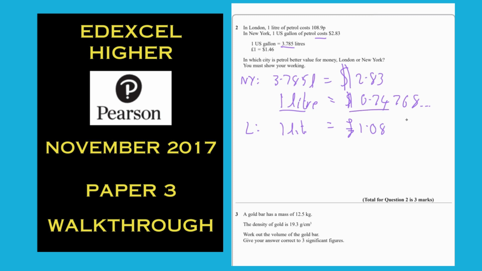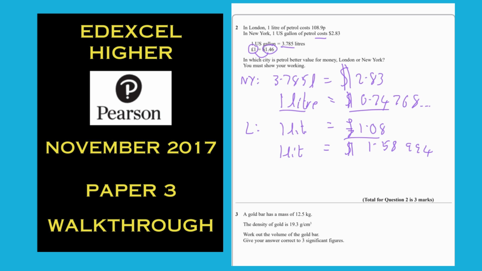We've got the litres. Let's convert it to dollars. All right, we've got pounds. To go from pounds to dollars, that's a multiplier of 1.46. So we're still getting a litre of petrol, but by multiplying that by 1.46, we're getting $1.58 and some other numbers.